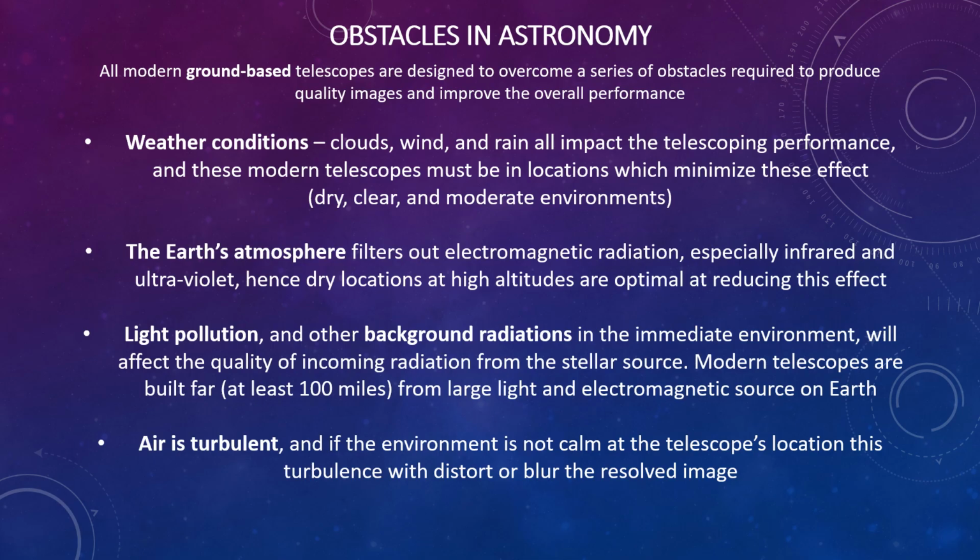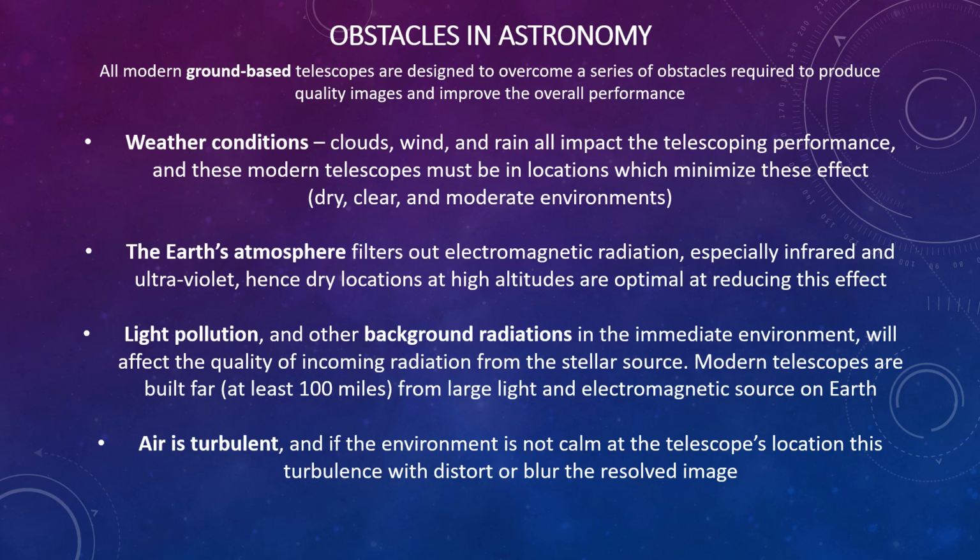There's also light pollution. So if you're in the middle of downtown and you look up at the sky, you're probably only going to see a few stars. But if you're out in the country, you're going to see hundreds of stars. And that's just an example of light pollution being one of these background radiation sources. Keeping the lights on at night does make us feel safer, but it also means that we can't see the night sky as well.